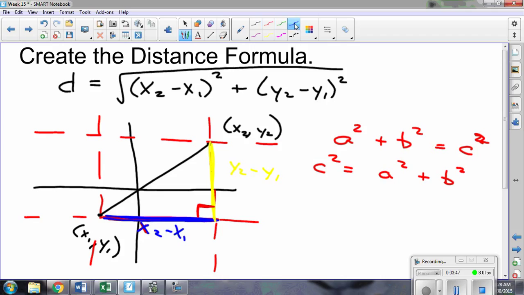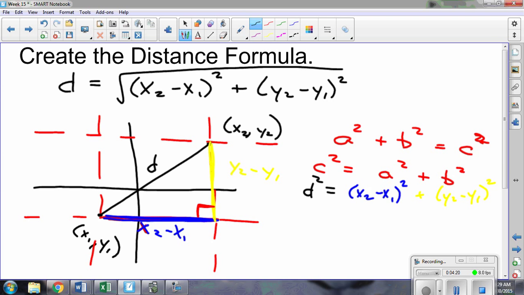Well, please observe the first leg is the run, x2 minus x1 squared. The second leg is y2 minus y1. That's the rise squared. And our hypotenuse is the thing that we were actually trying to get. It is the distance squared.